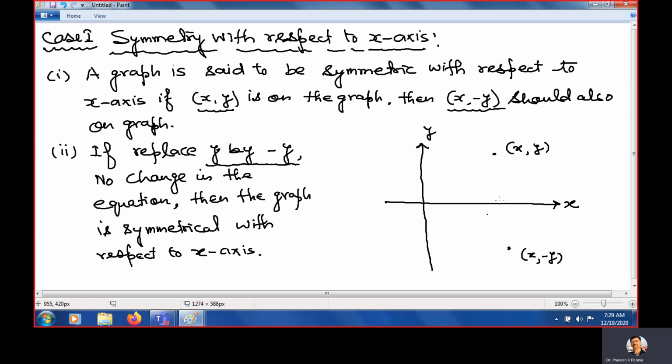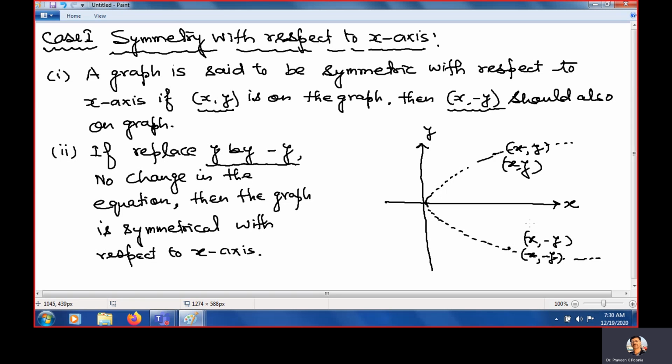Here. That means if some graph is in the first quadrant, the same graph should be in the fourth quadrant. Means if it is above, it should be below also, because this coordinate in the first quadrant is (x, y), and here is (x, -y).